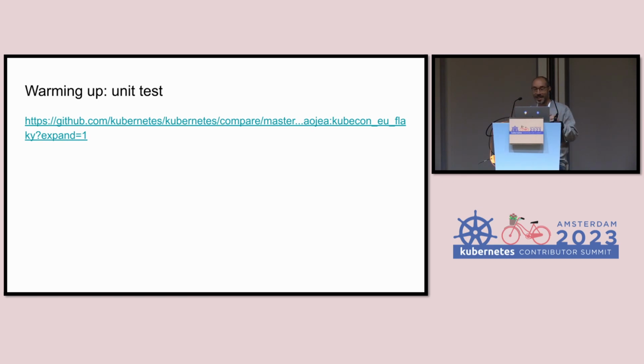And this is why testing and deflaking is not science. It's an art. You need to know that the metrics in Kubernetes are global variables. And that's the problem, right?